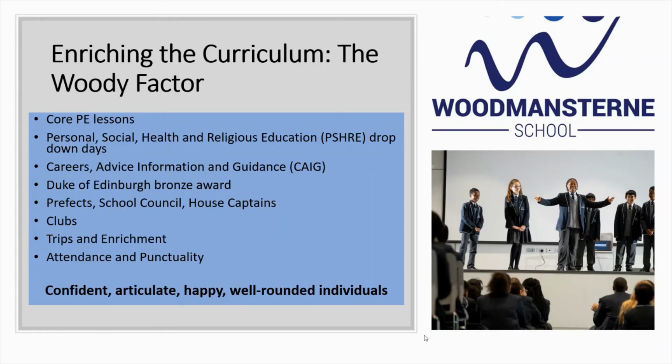Some of these are being offered right now in these unprecedented times. But the key words at the bottom there are things that our parents asked for when they were surveyed when we first opened the school. These were the things that our parents from primary said that they wanted for their children as they moved through the secondary school.